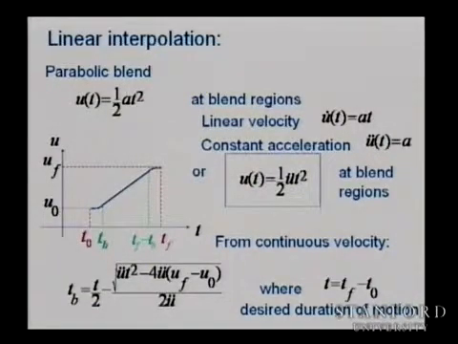Yes? That green point t sub b to the left, is that t sub b or is it actually t sub 0 plus t sub b? It's t sub f minus t sub b. I'm sorry? The left. That's t sub 0, that's t sub b. We want to make sure that... you're right.